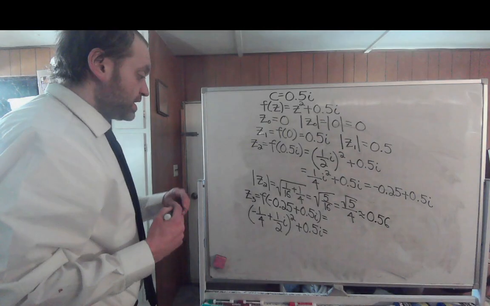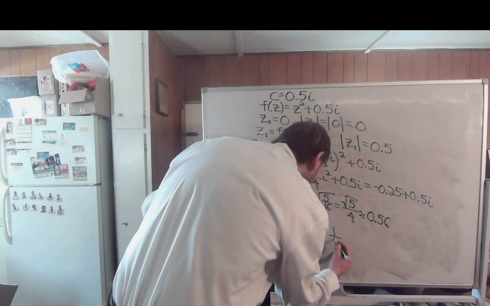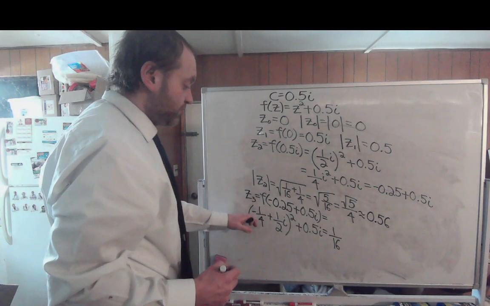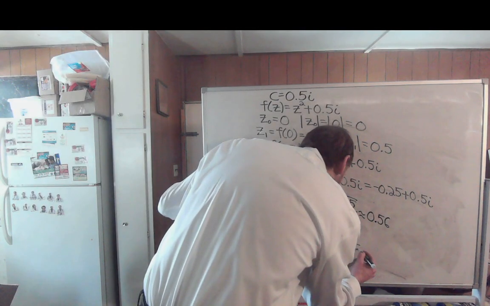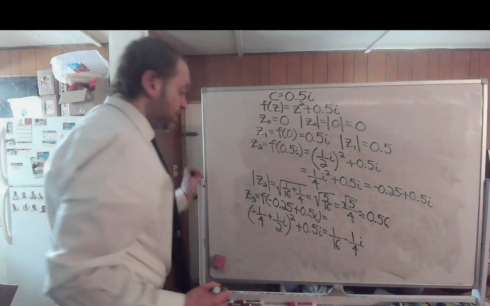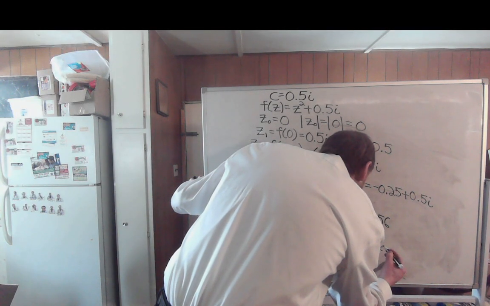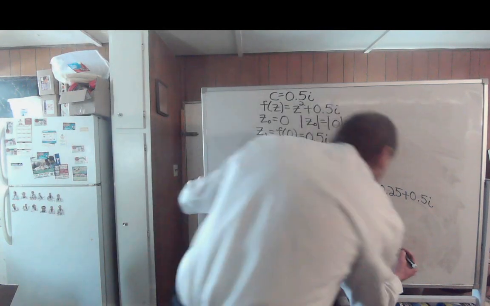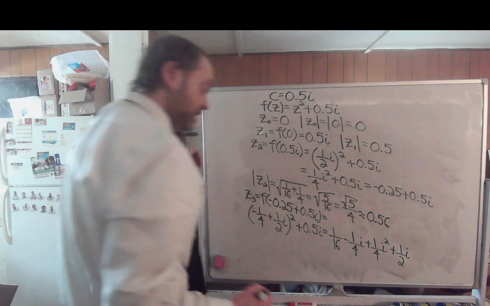All right, so negative 1/4 squared, that's positive 1/16. Now, 2 times negative 1/4 times 1/2 i, that'd be 2 times negative 1/8, which would be negative 1/4, so minus 1/4 i. Then you would end up getting plus 1/4 i squared. And then you would end up having plus 1/2 i. So that looks like a long, painful one.